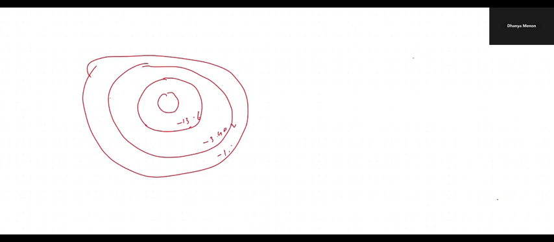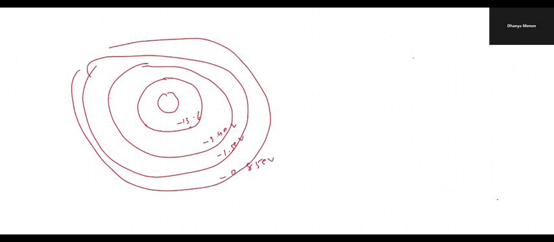The next one is minus 0.85 eV. So as the electron is moving away from the nucleus, it is becoming more and more free, so the energy of the electron is increasing. The total energy expression is minus 13.6 Z square by N square electron volt. This is the total energy.